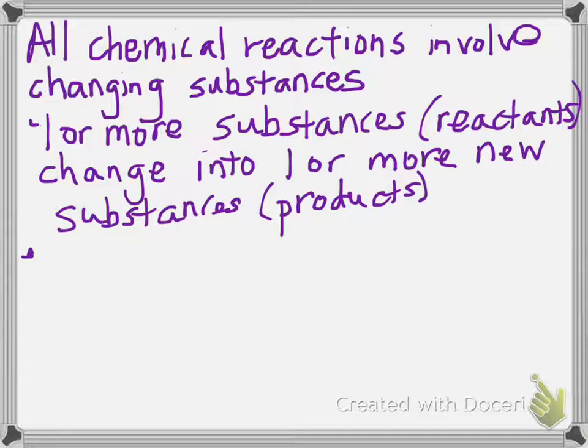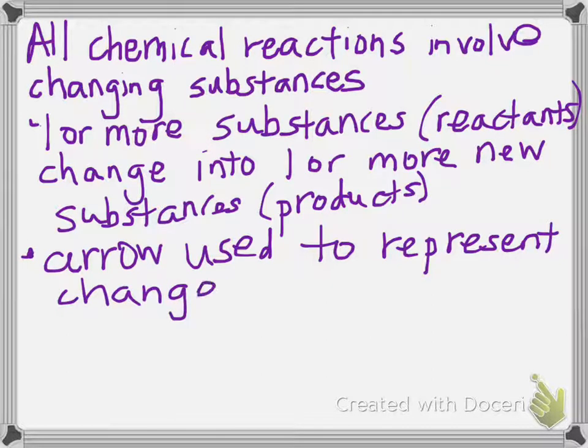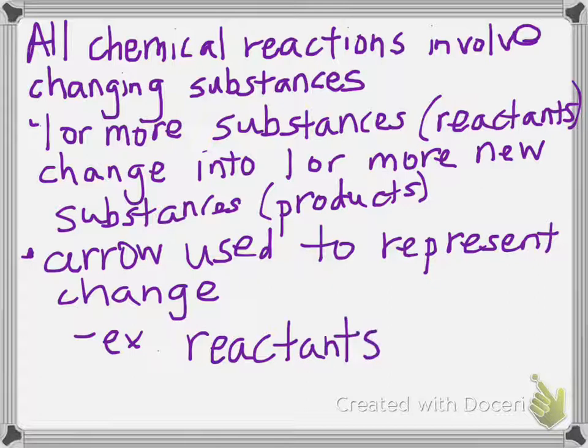To represent this change, we use an arrow. So an arrow is used to represent this change. So for example, again, our reactants are always written on the left-hand side of our arrow, and our products are written on the right-hand side.